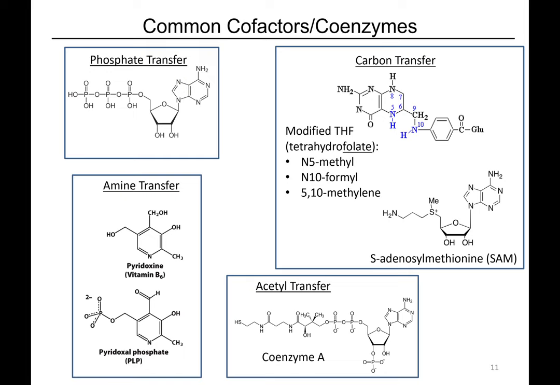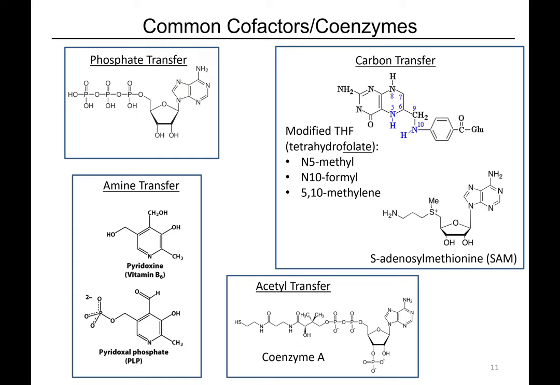So it is a carbonyl and a hydrogen attached to nitrogen number 10, this position here. If it's methylene, it's a CH2 bridging these two, creating another 6-membered ring. Okay, so depending upon what the oxidation state of carbon is present at that position between those two nitrogens will dictate what oxidation state of carbon is transferred using this as a cofactor.